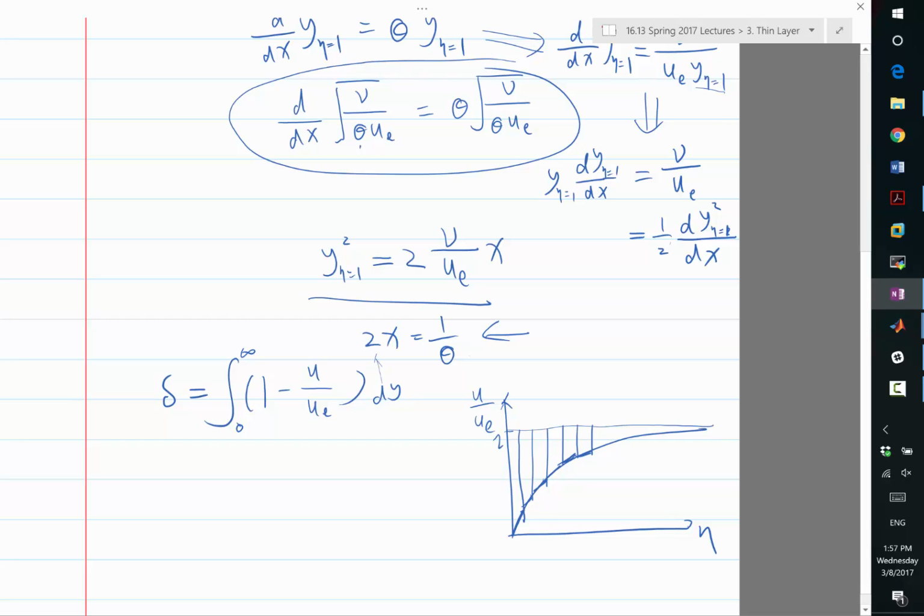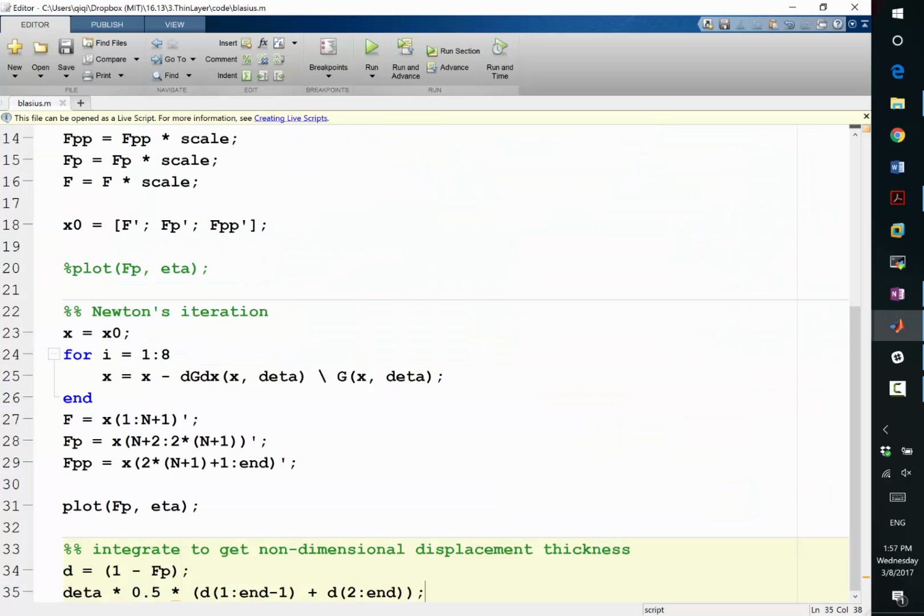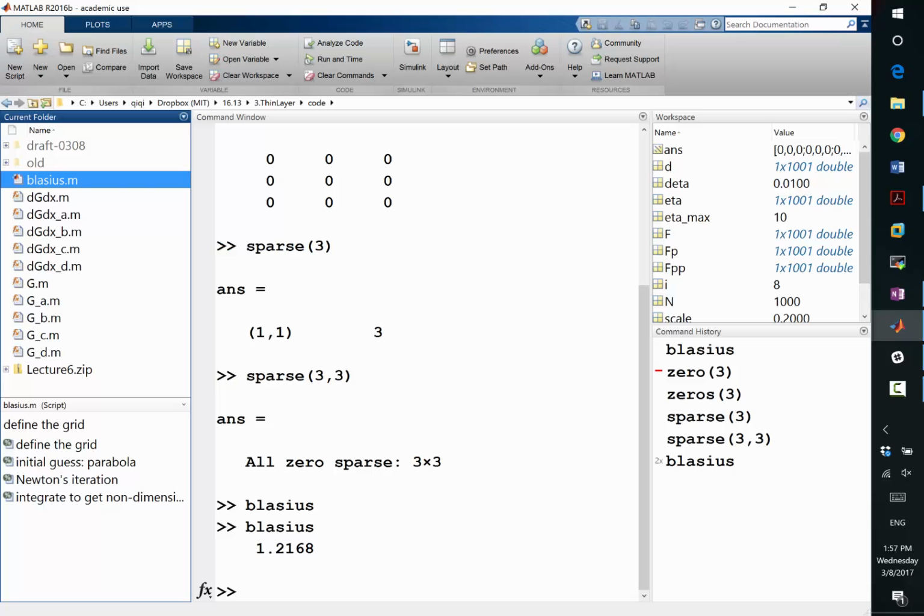All right, so the area of the trapezoid is half of this plus this, times d eta. So this is what I'm doing. Third, this is what I got.